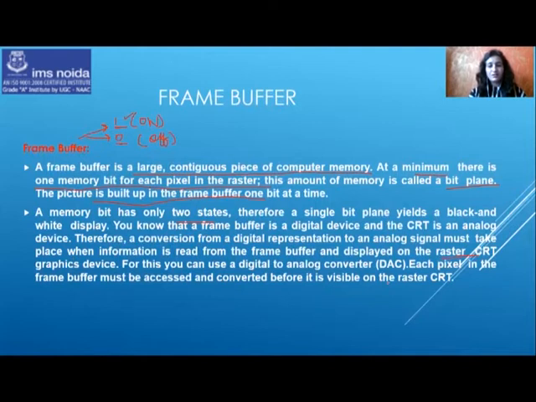Suppose this is your display area and we want to show an image on it. Only those pixels that have the value 1 are fetched from the frame buffer and become visible, and those with value 0 remain in the frame buffer. So this is the concept of frame buffer.